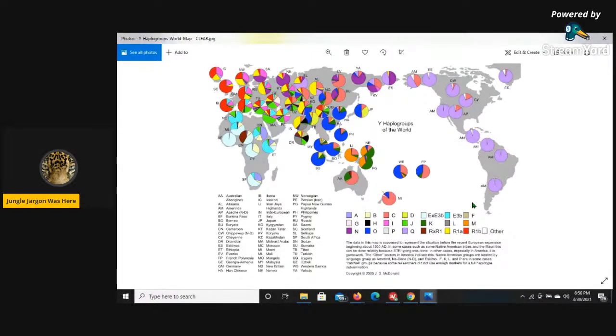And yet, Europe remains mostly Semitic because we still have the I and the J Y chromosome, which is this purple color up here and the green color here.